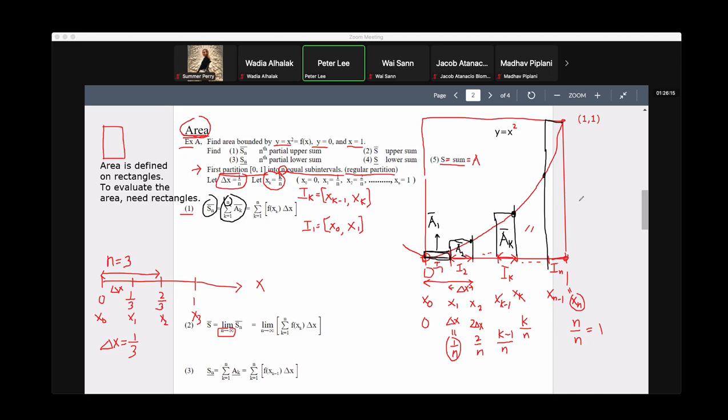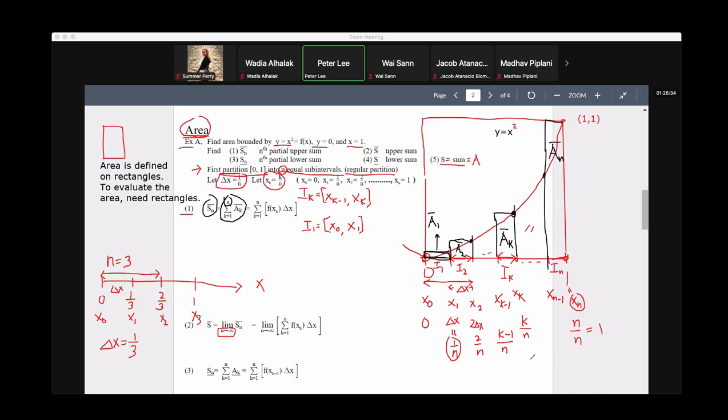The last guy is called A sub n bar. So it is the area of the rectangle. It is the area on that interval, but the area must be a rectangle. So we are now going to get the tall rectangle.